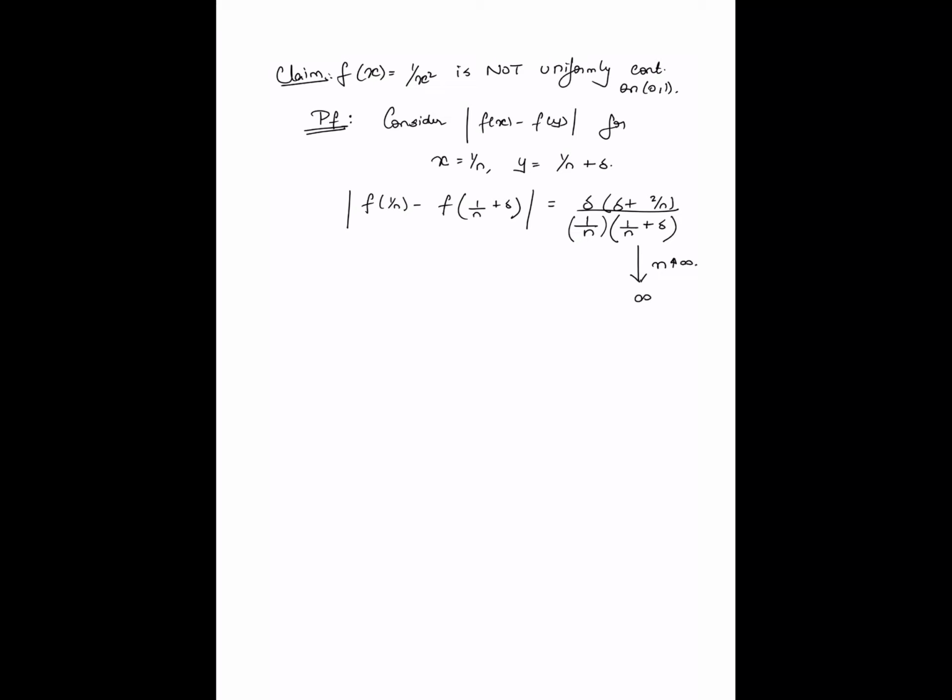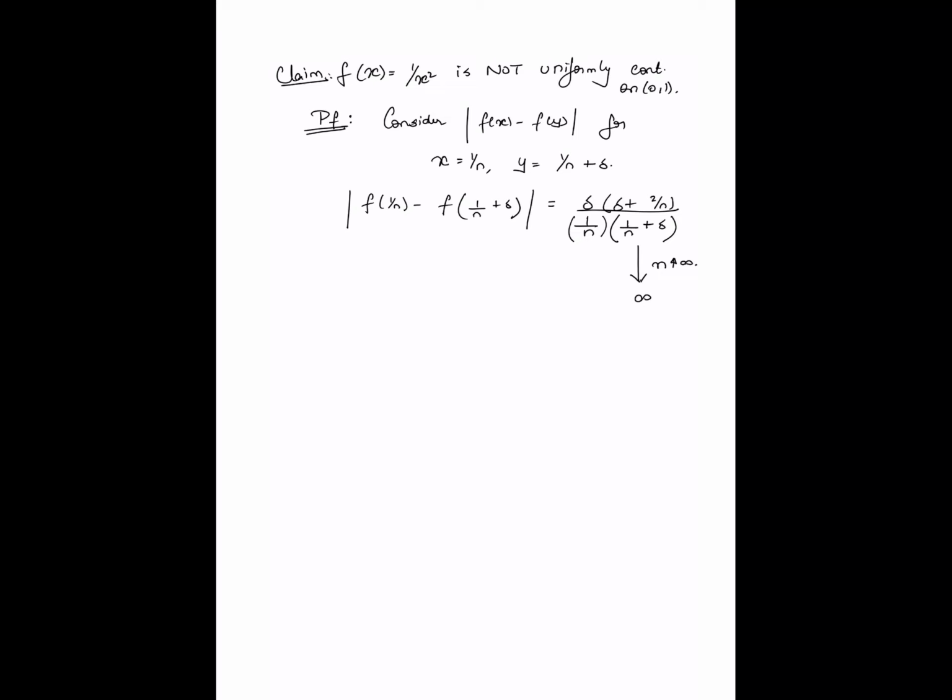So the moral of the story is that if you choose x and y in this manner, they're always delta apart. Whatever that delta might be, however small, you are guaranteed that the gap between the function values goes to infinity as n goes to infinity. In other words, as x moves closer and closer to the origin, the gap between f of x and f of y blows up to infinity.